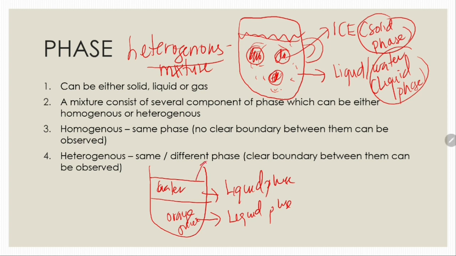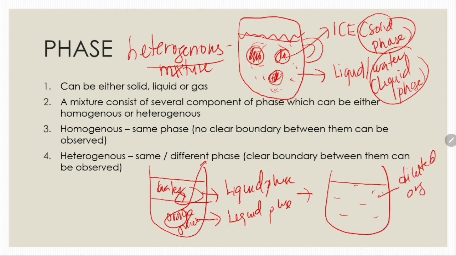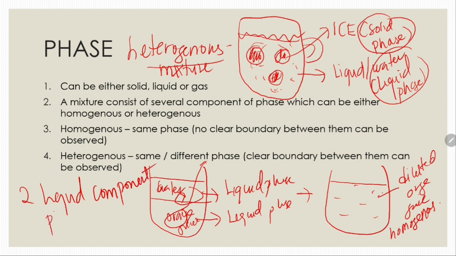Then I use a spatula and stir the mixture. At the end, I get one whole mixture in one color, which is your diluted orange juice. Since I cannot clearly see the difference between my orange juice and water in the final mixture, we name this homogeneous. This homogeneous mixture is made up of two liquid components of different types but in the same phase.